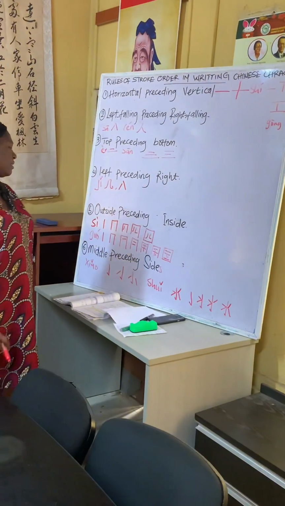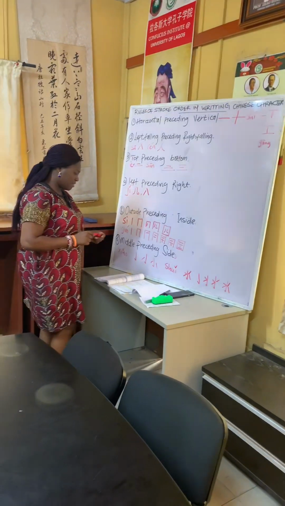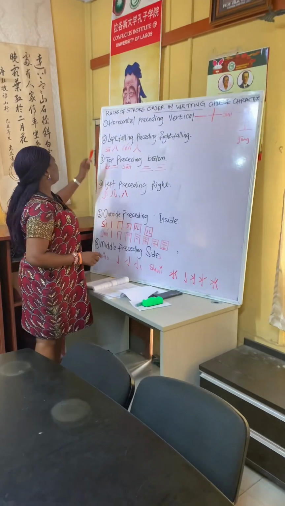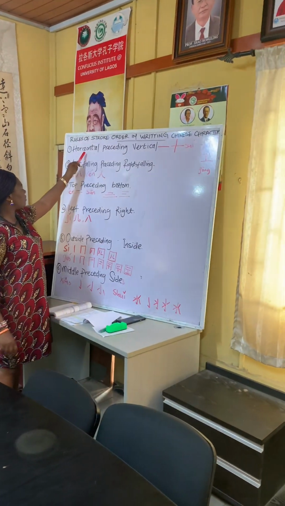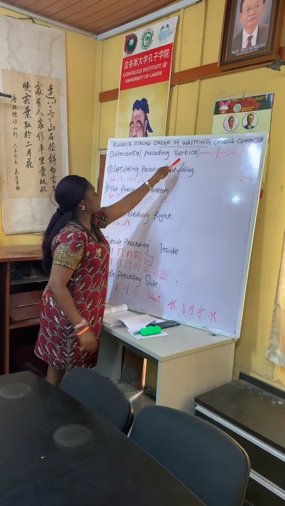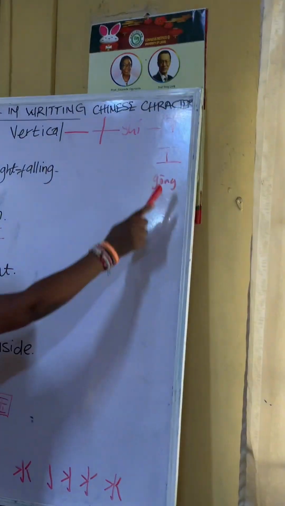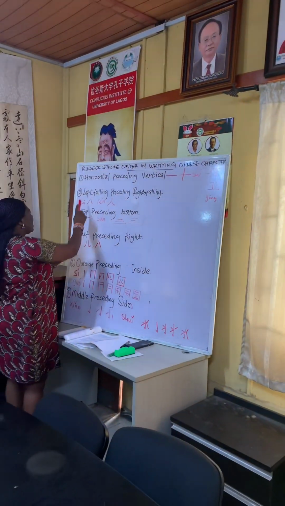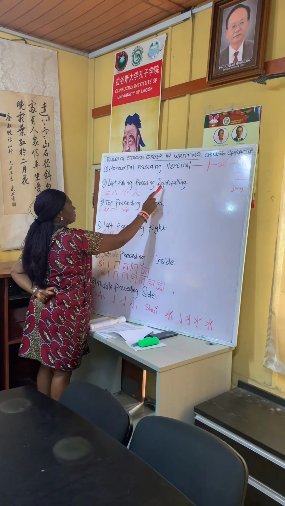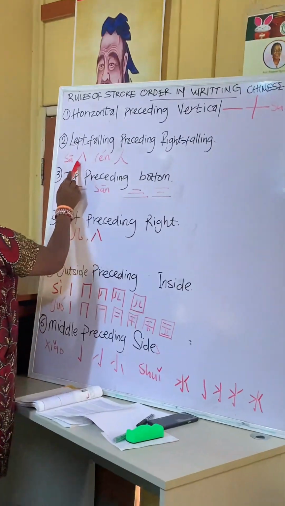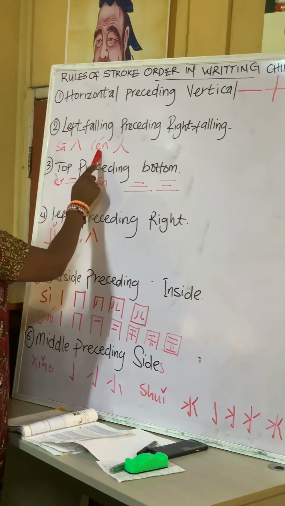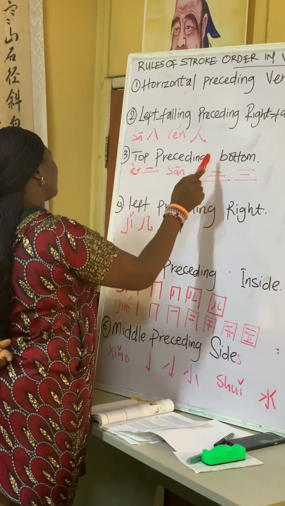Okay, now let's recap. The first rule is horizontal preceding vertical, for example 十 and gōng for workers. The second one, left preceding right. When you're writing bā, first of all this, before this. When you're writing rén, here, then the right.